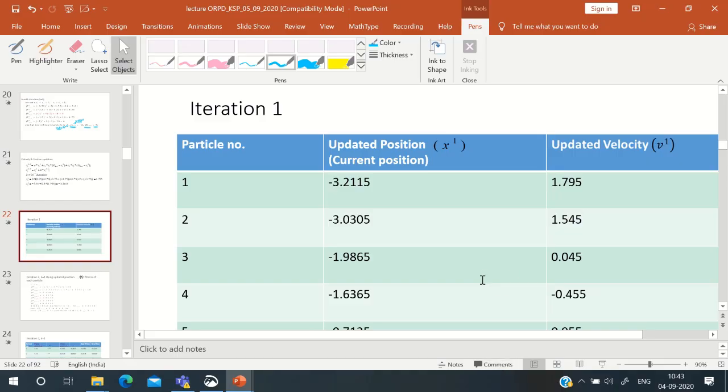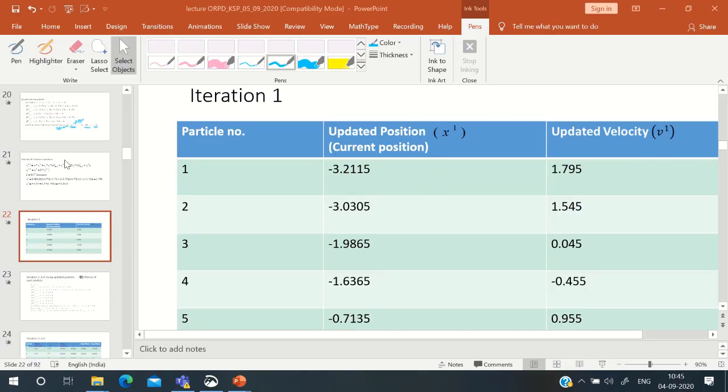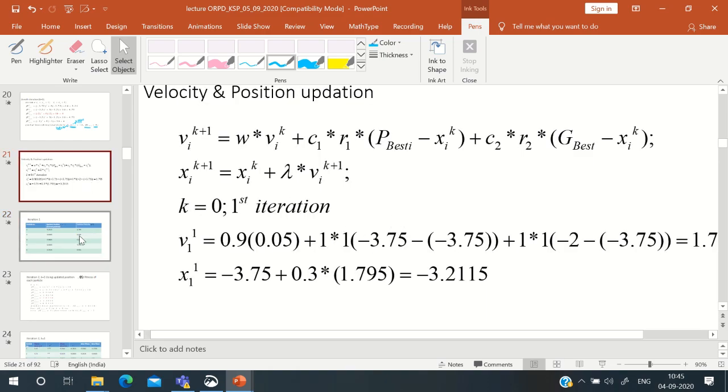So at the end of iteration 1, we obtain the updated positions, meaning the current position of every particle, that is x superscript 1, obtained from these equations.